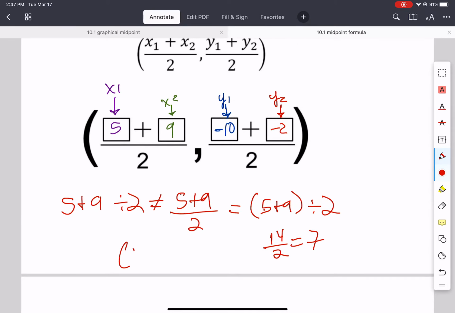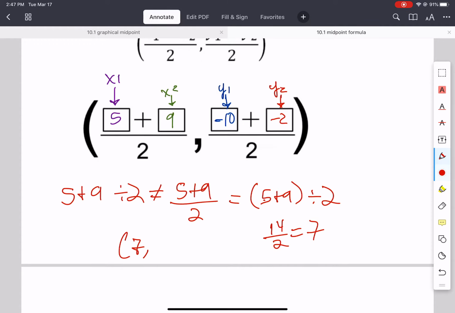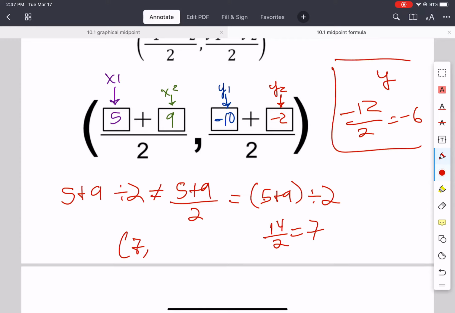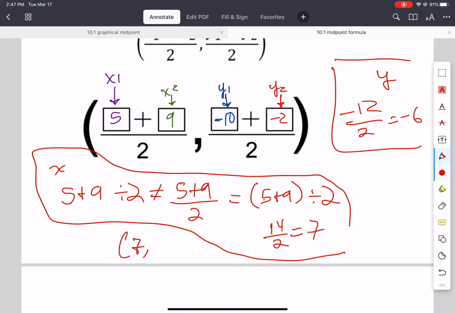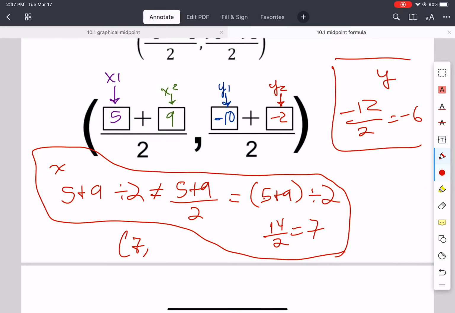For the y, negative 10 plus negative 2 is negative 12, so minus 12 over 2 is minus 6 for my y. So final answer, 7, comma, negative 6.